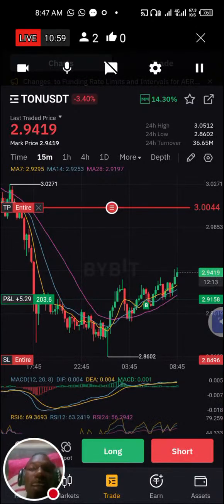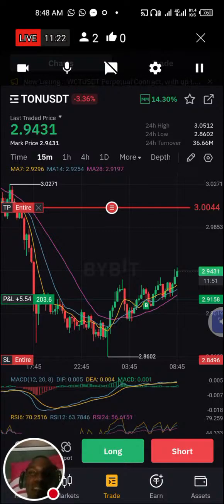It's very, very important. Reduce your leverage, because if your capital is increasing and you don't reduce your leverage, you can still lose in the market, because your leverage is very high. The higher your leverage, the more risk you put on your capital in the market. So you have to lower your leverage whenever your capital is increasing.